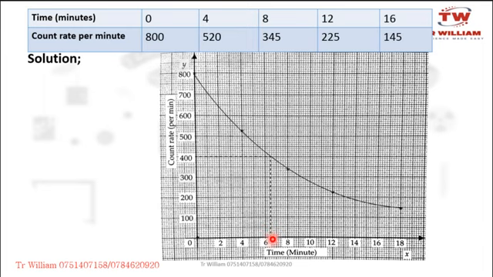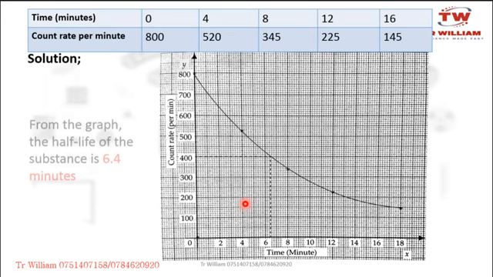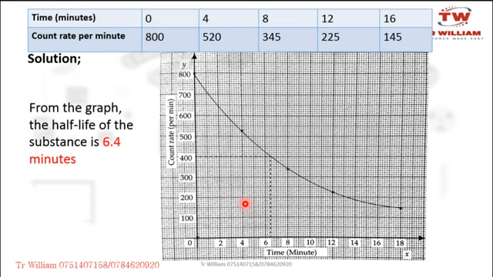Between 6 and 8 you're having 10 small lines. Because here is 2, each line is 0.2, right? So we see that it is around 6, in the second small line, it is around 6.4, depending on what you get. So we realize that from our graph the half-life is 6.4 minutes.